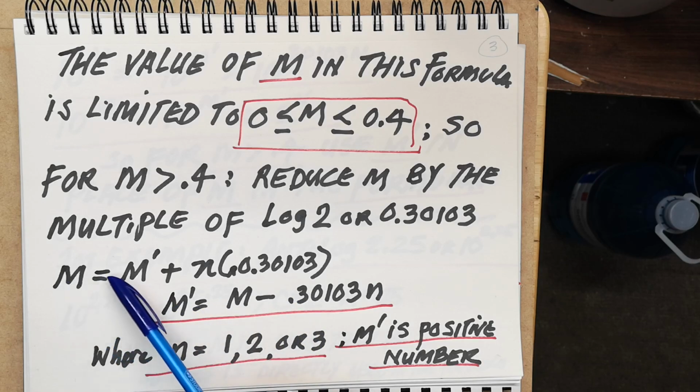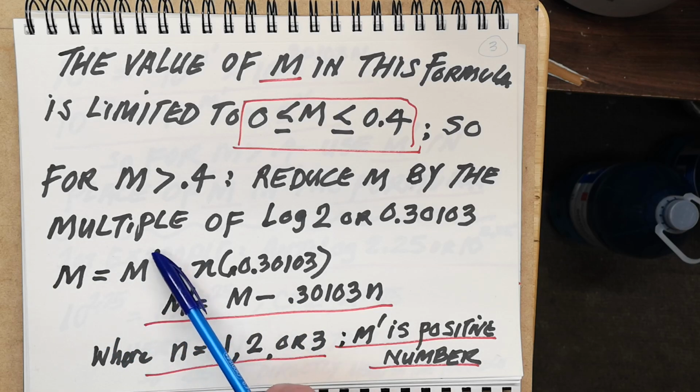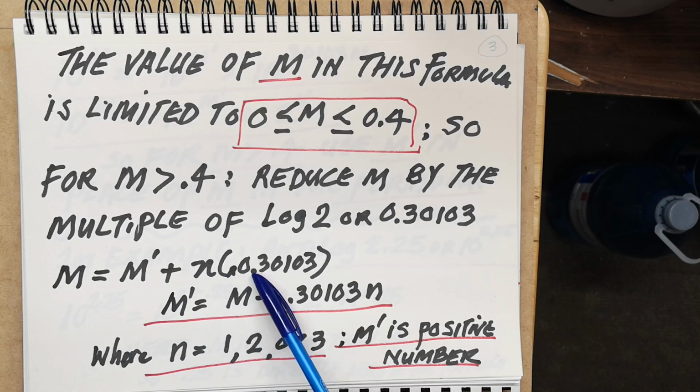So m is equal to m prime, the new mantissa, plus n times 0.30103. So m prime is equal to m minus 0.30103n, where n is equal to 1 or 2 or 3, and m prime is a positive number.